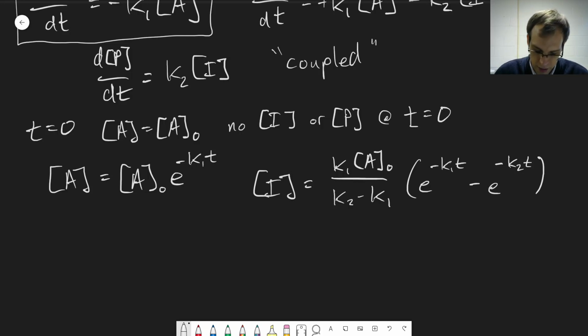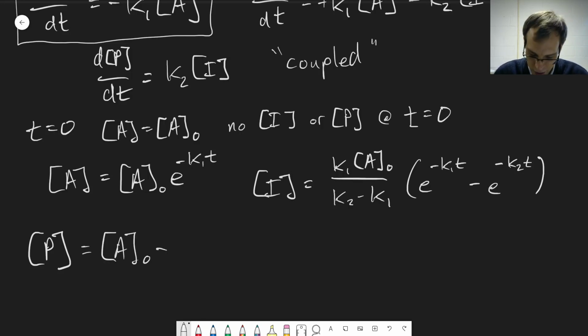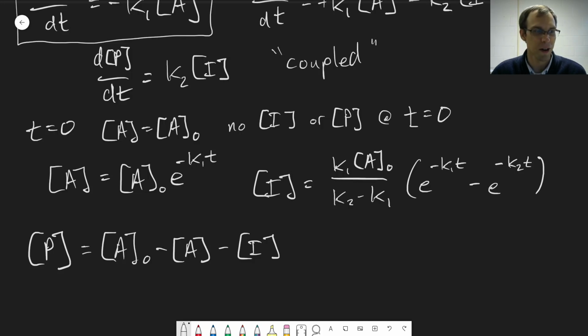And for the product, once we know A and I, we can say our product all had to come from our initial concentration of A naught. We subtract off however much A is still left behind, and however much intermediate there is. This is our mass balance, saying that our product didn't appear out of nowhere. It came from our initial concentration of A naught.